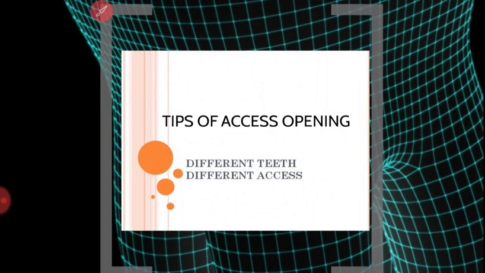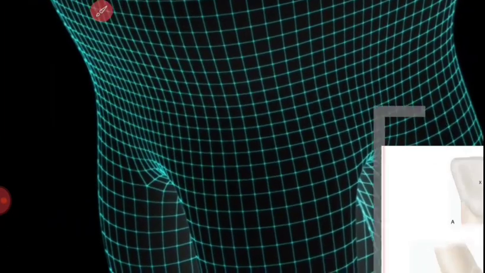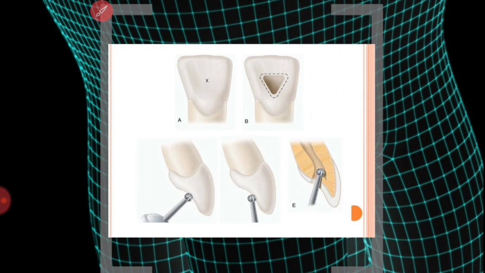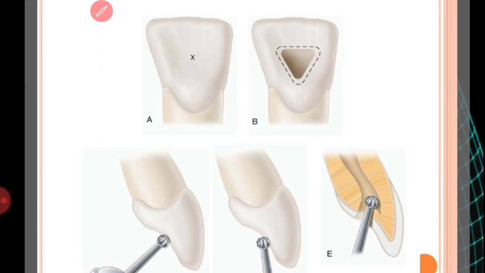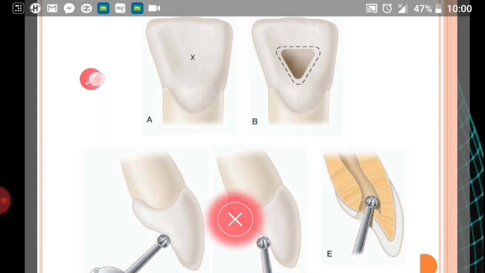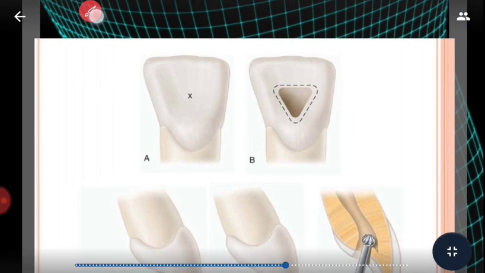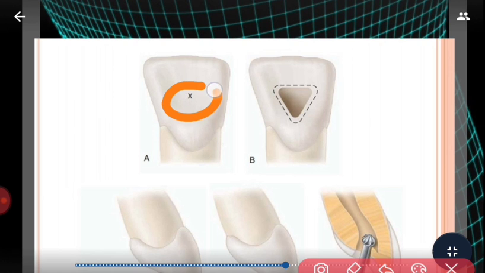So before going into the basic access technique, let's see if you have to do a root canal opening in an anterior tooth. Your starting point would be right in the middle, this point. And then you make a cavity which is a triangle, not just a pinpoint hole.